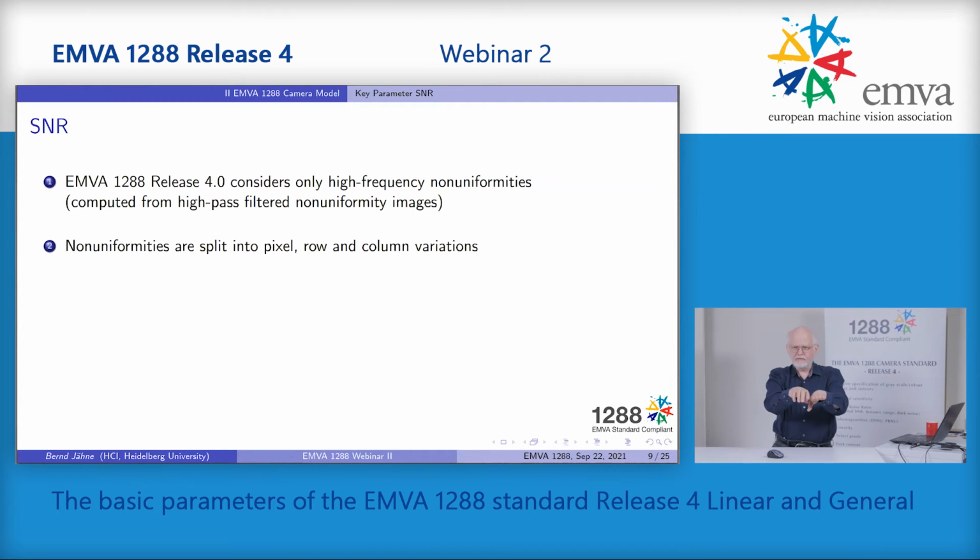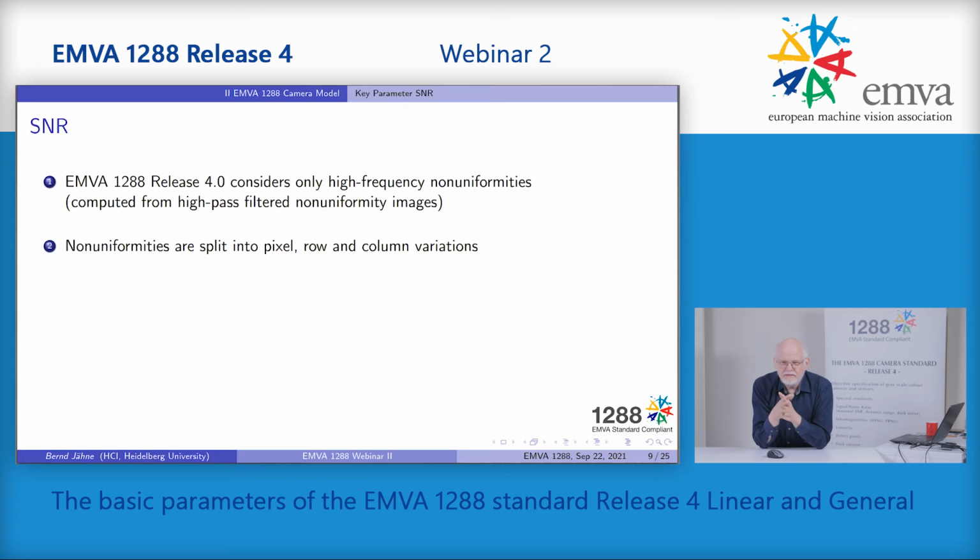That means more the changes from pixel to pixel, and does not care about slowly changing non-uniformities, because these effects are anyway, as I demonstrated yesterday, more dominated by the lens, and by the way, of course, also by the illumination you use.